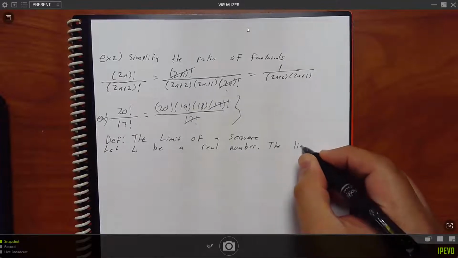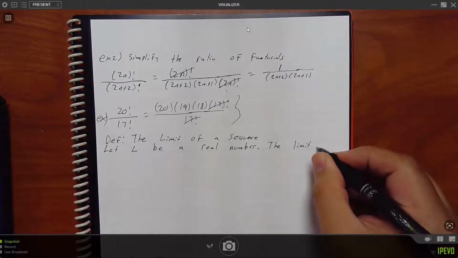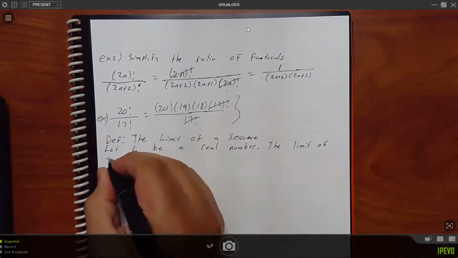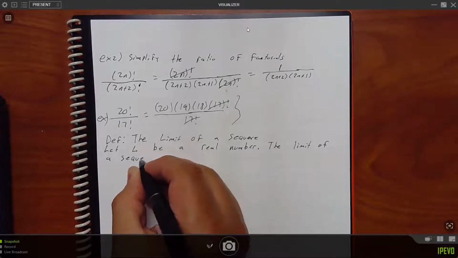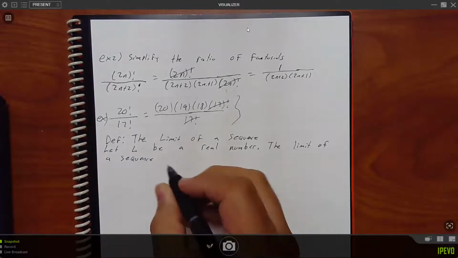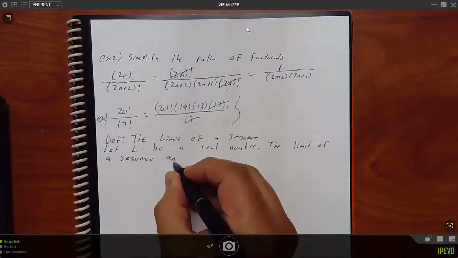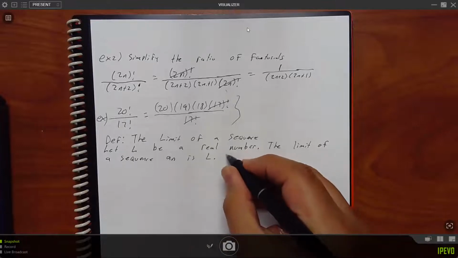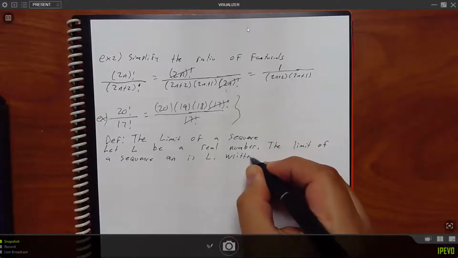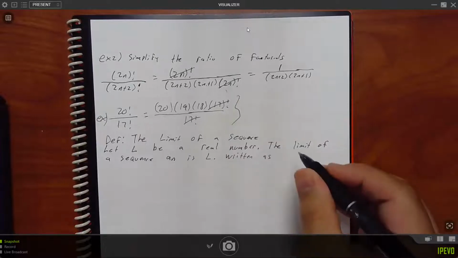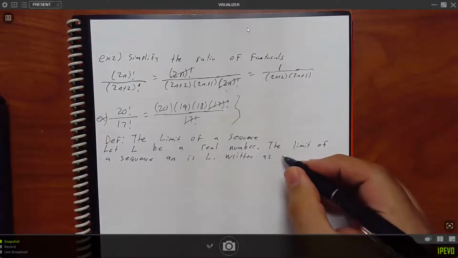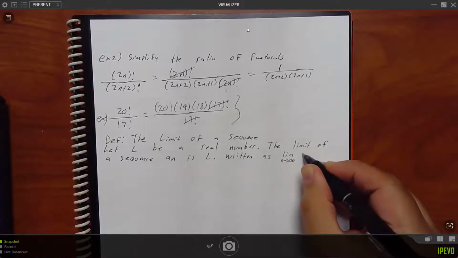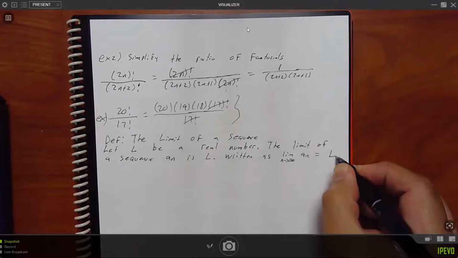The limit of a sequence, which we will call A sub n, is L, written as the limit as n approaches infinity of A sub n is equal to some limit L.